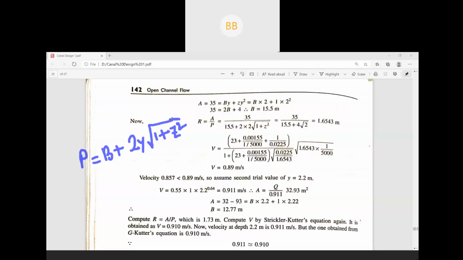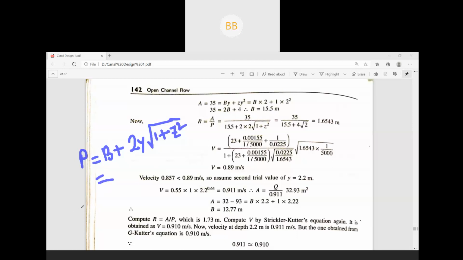In this equation, z value is 1, it's given. Y value we have assumed as 2. And the width of the channel we have just now calculated, that is 15.5. So find out the wetted perimeter.